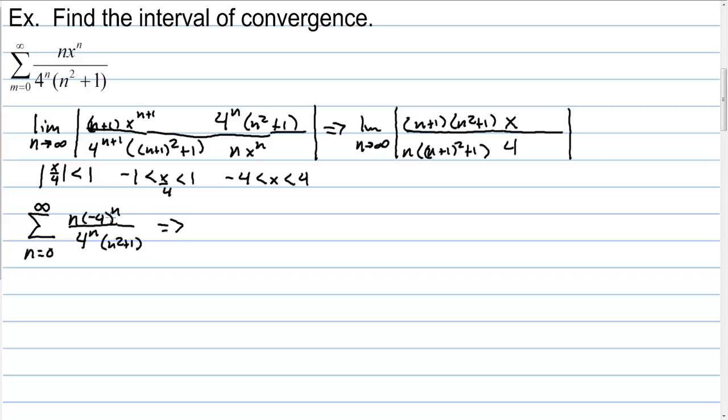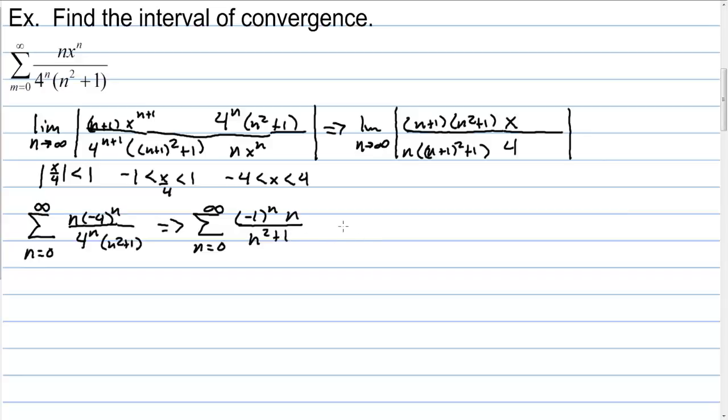And when we take negative 4 divided by 4, we're going to get negative 1 to the n. So that's the sum as n goes from 0 to infinity of negative 1 to the n times n over n squared plus 1.